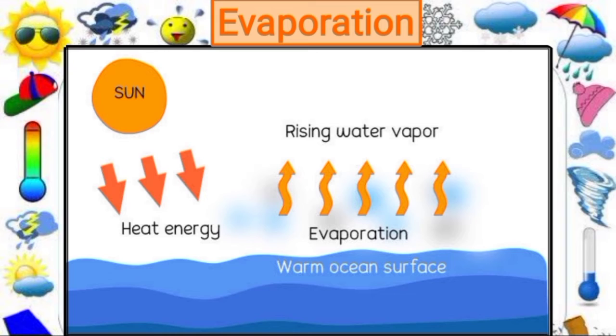So let's understand what evaporation is. The heat of the sun changes water into water vapor by a process called evaporation. If we keep a bowl of water out in the sun, the level of water in it goes down by evening, because the heat of the sun has evaporated some water.